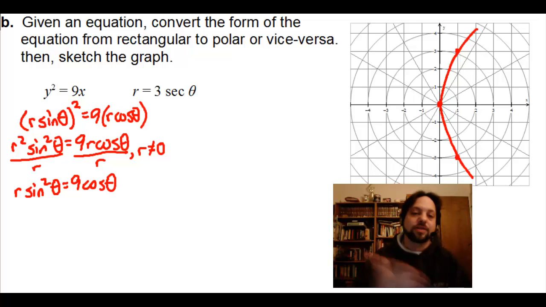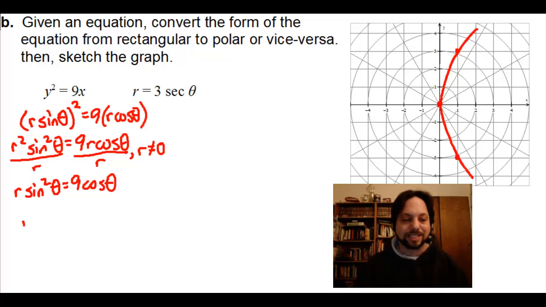So there's a couple different things that I can do from here. If I want to get r by itself, how can I express what r equals? Well, I could write 9 cosine of theta divided by sine squared of theta. That would be acceptable. I could write this as 9 cosine of theta times, what would this be? Cosecant squared of theta.